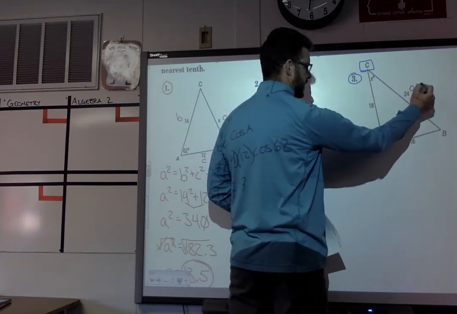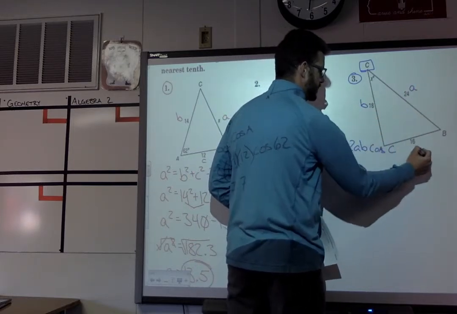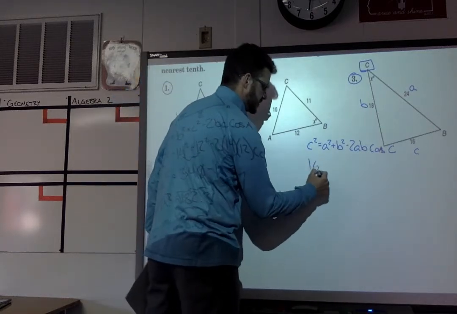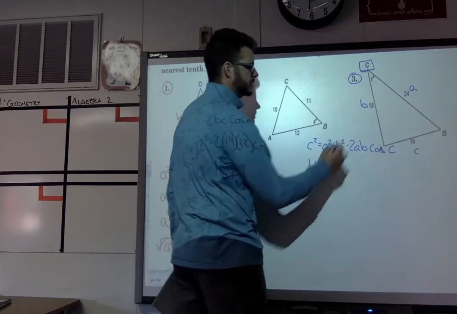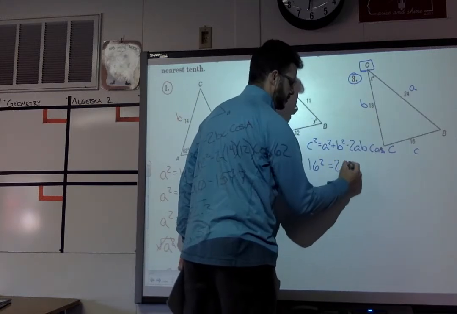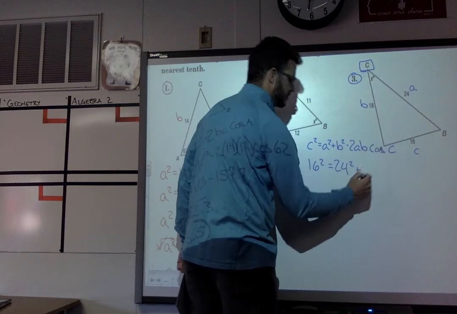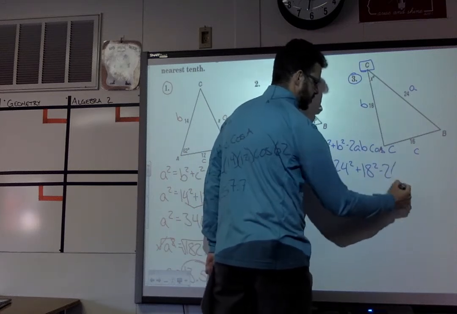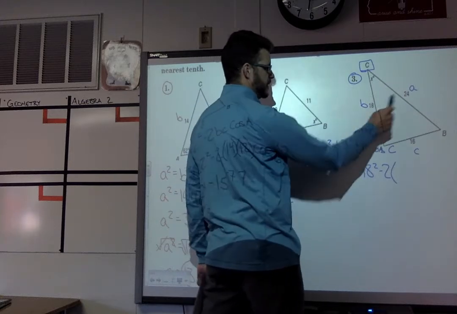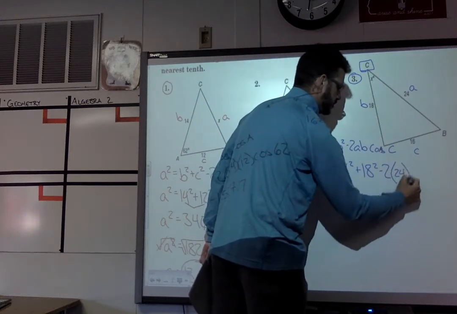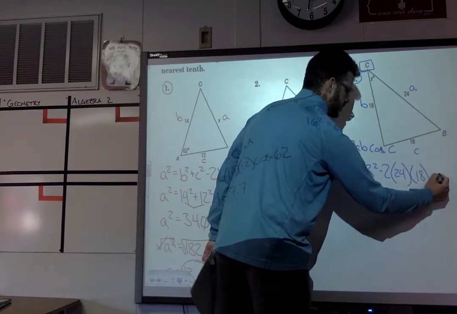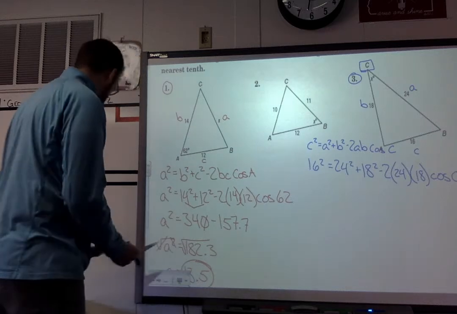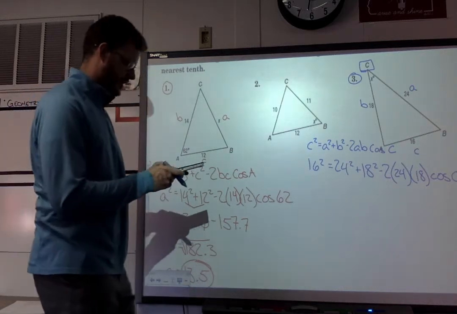So this would be side A, side B, and side C. So for C squared, we would say 16 squared equals A squared would be 24 squared plus B squared would be 18 squared minus 2 times A times B. A and B are 24 and 18 times the cosine of C. And we don't know what angle C is, so we're going to leave that for now.